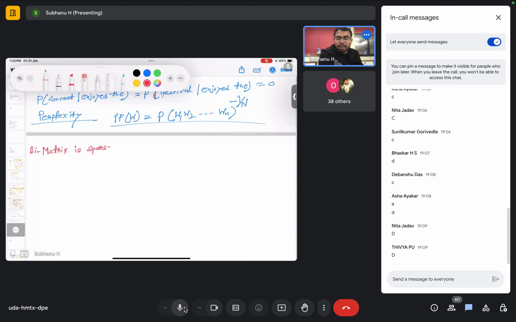Sparse means at many places there is zero. So what is the problem? The problem is we can't calculate the perplexity. Okay, so this is the problem. What is the solution? The solution is the smoothing technique.